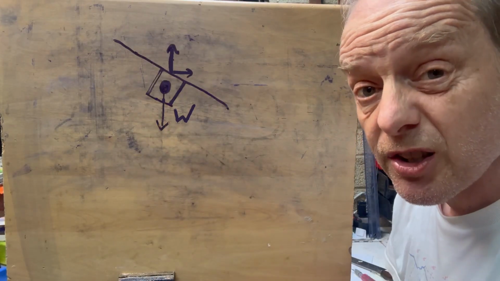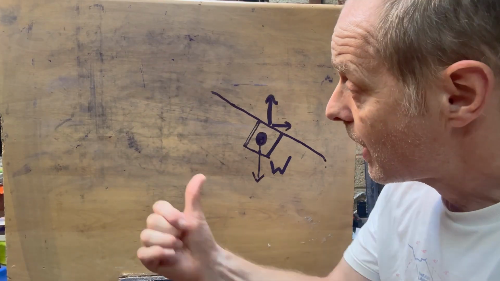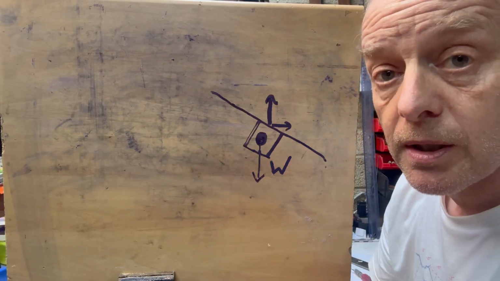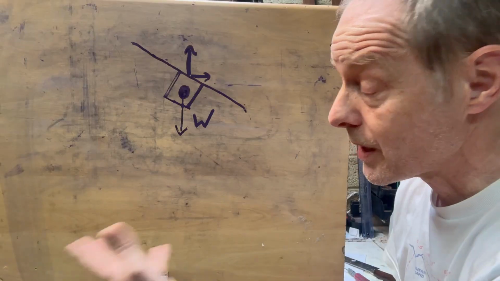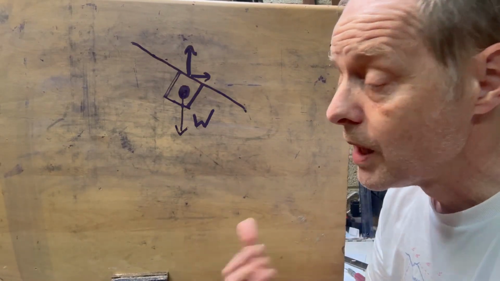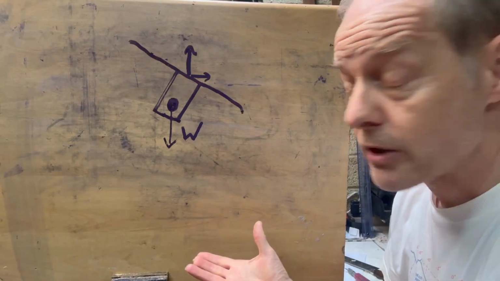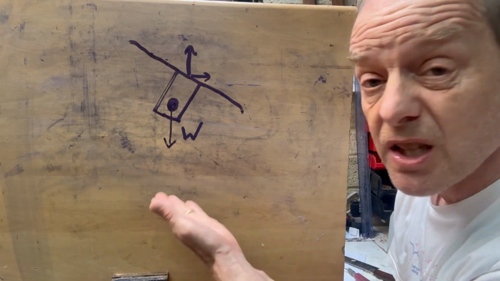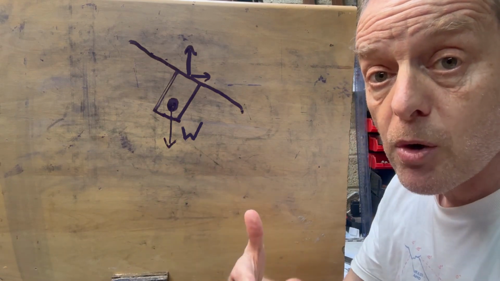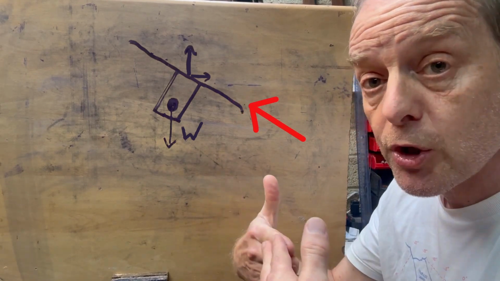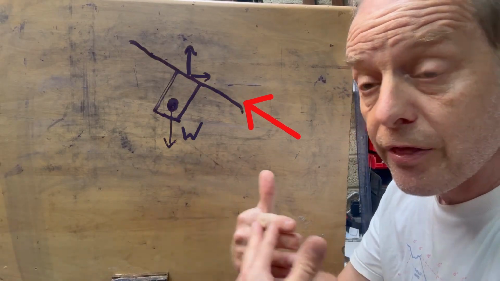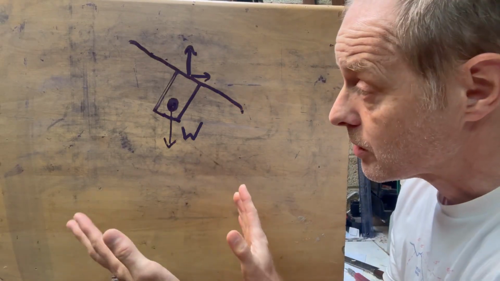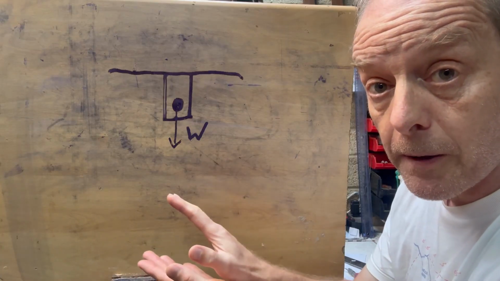So the aeroplane is going to start to descend slightly, and it's also going to be pushed this way somewhat. So with the aeroplane sliding sideways now, what we've got is air resistance against the aeroplane. And because the centre of gravity is quite low, that means most of the air resistance is going to be pushing against the top of the aeroplane, where the wings and the body are. And that is the force that starts to push it back upright as well.